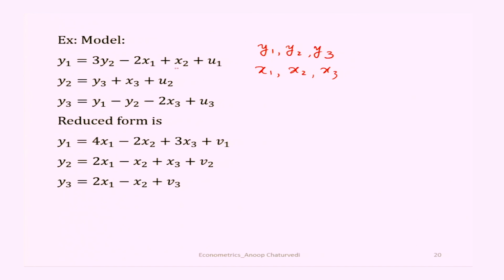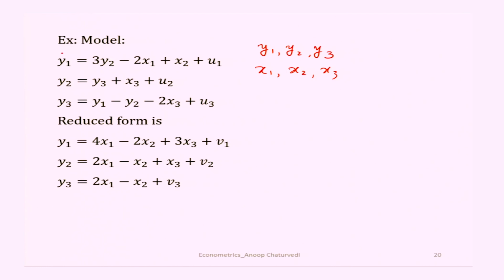Y 3 is excluded, x 3 is excluded from here. In the second equation y 1 is excluded, y 2, y 3 are included, x 1, x 2 are excluded, x 3 is included. In the third equation all three endogenous variables y 1, y 2, y 3 are included, x 3 is included, x 1 and x 2 are excluded.